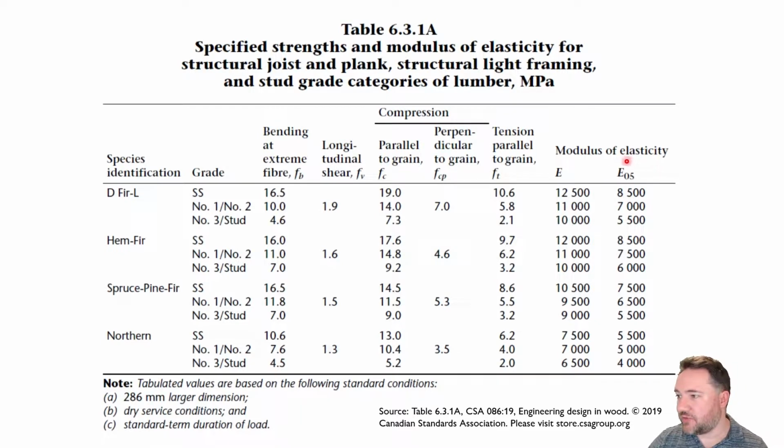We talked about before that we have 2 different modulus of elasticity values for each stiffness species grade combination. E05 is a 5th percentile strength, which means it's an effective lower bound on the stiffness.